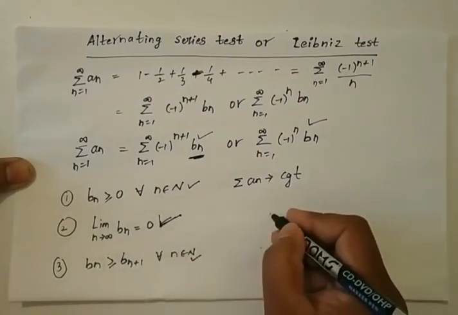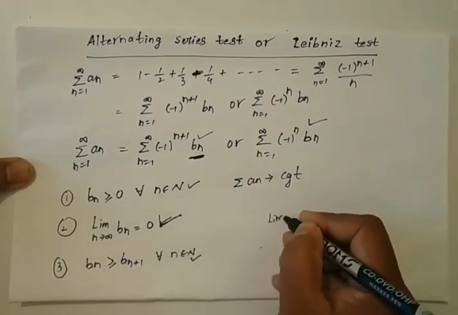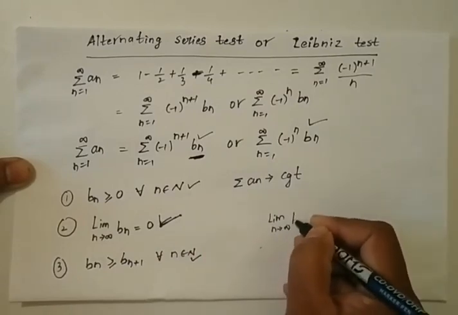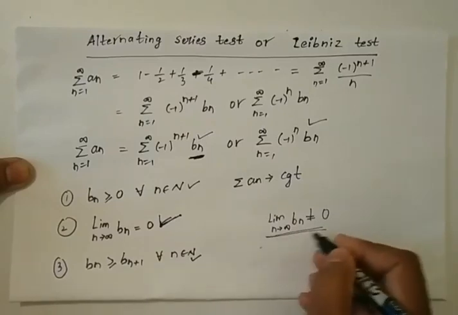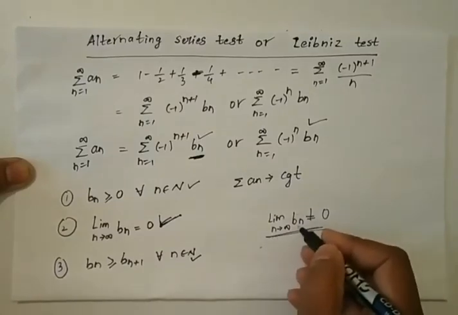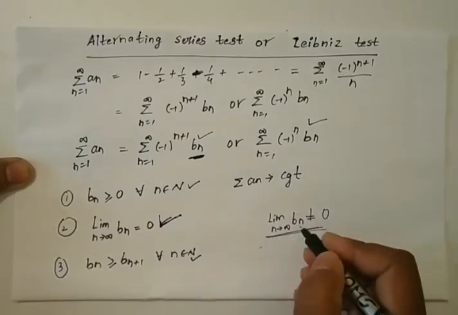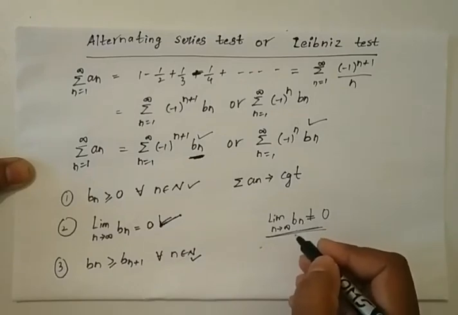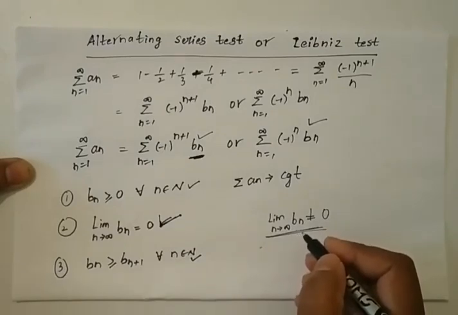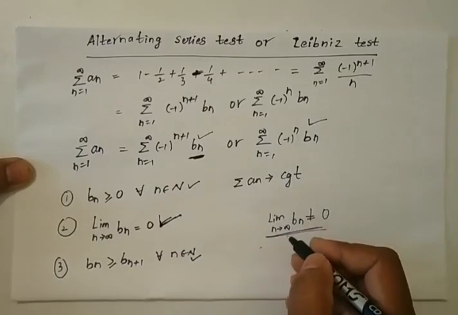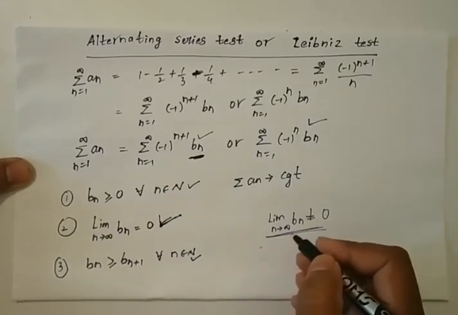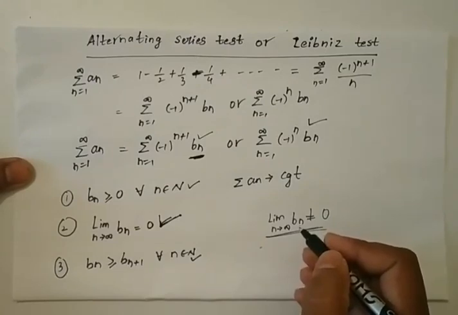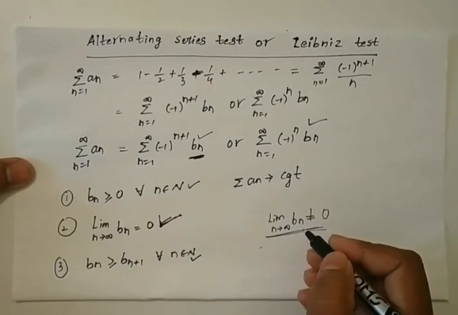That means if limit n tends to infinity Bn is not equal to 0, then it is better to go for the nth term divergence test.